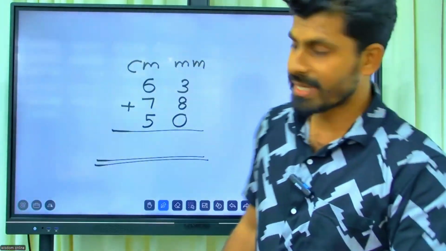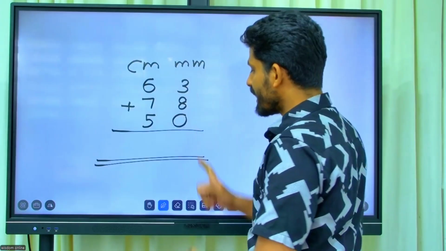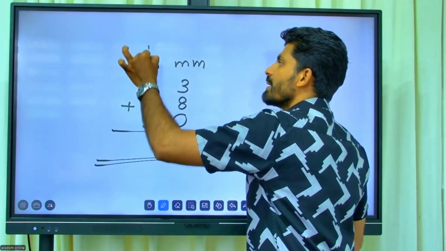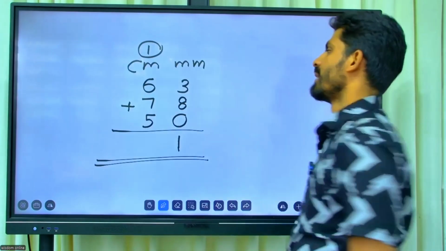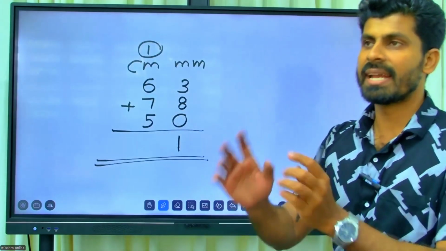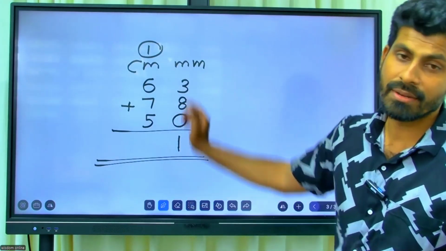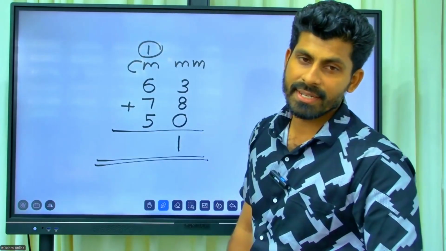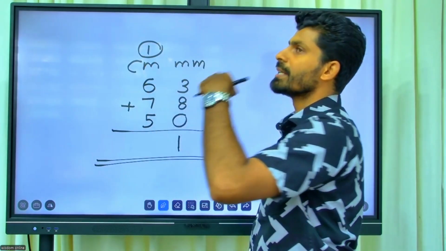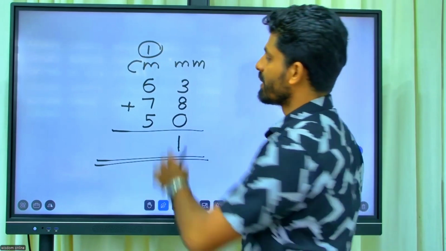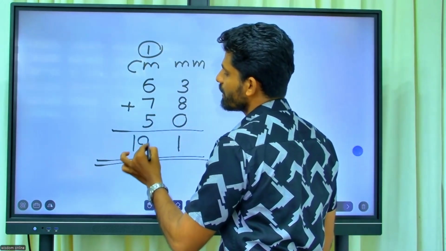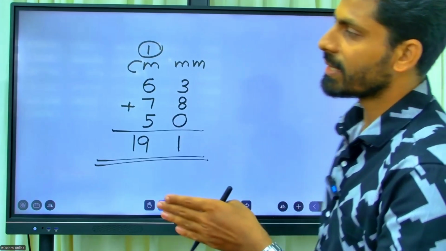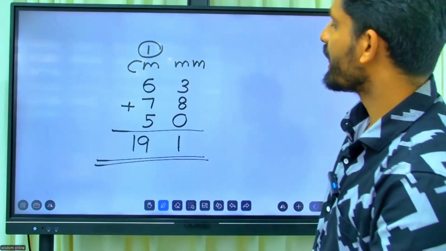Now 8 plus 3, 11. 11, 1 remaining 1, because we cannot write 11 in millimeters; 11 is 10 plus 1. 1 plus 6, 7. 7 plus 7 is 14. 14 plus 5 is 19.